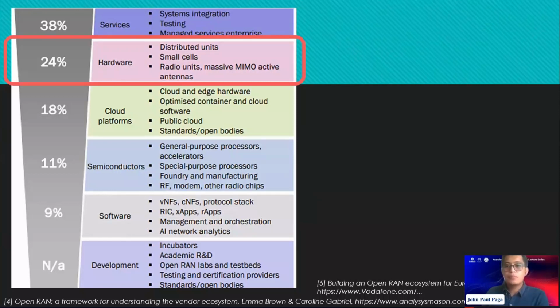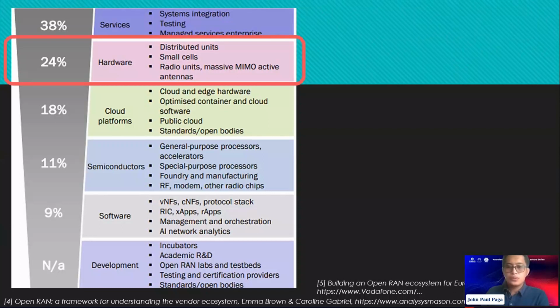The demand for massive MIMO antennas for our implementation will be much bigger. With Open RAN, it opens up avenues for SMEs, small and medium enterprises, to be players in that field and provide us with the antennas that we need.